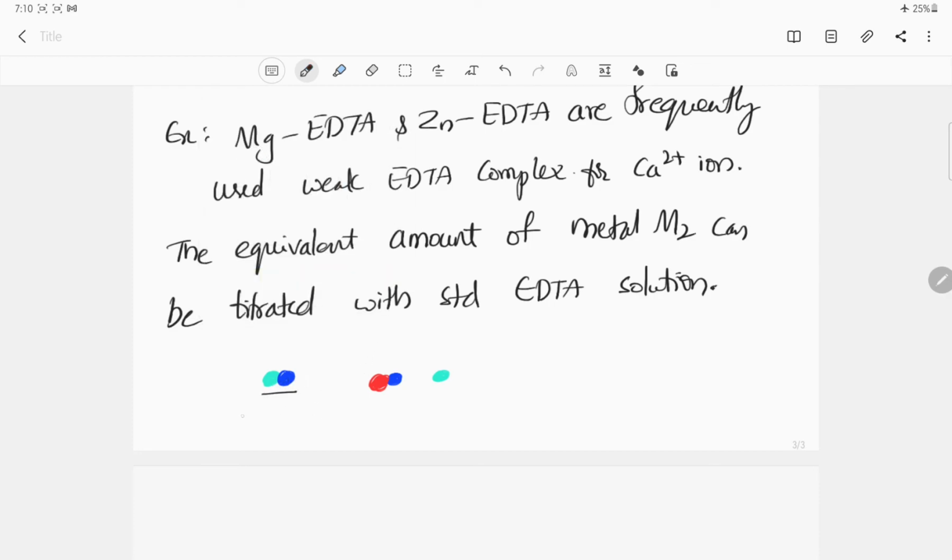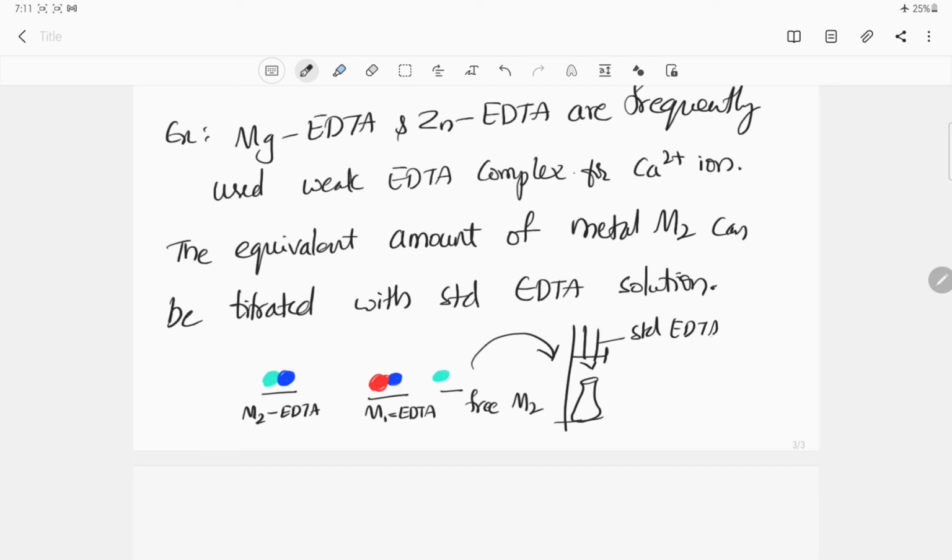So this is weak metal and EDTA, that is the ligand, and whenever it is added to a metal, it forms a strong complex with the ligand EDTA and it frees M2, means the weak metal, which is titrated with the standard EDTA.